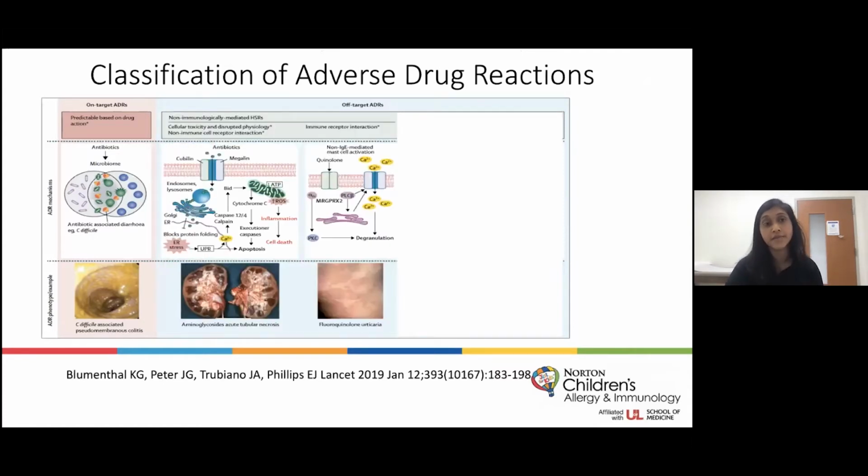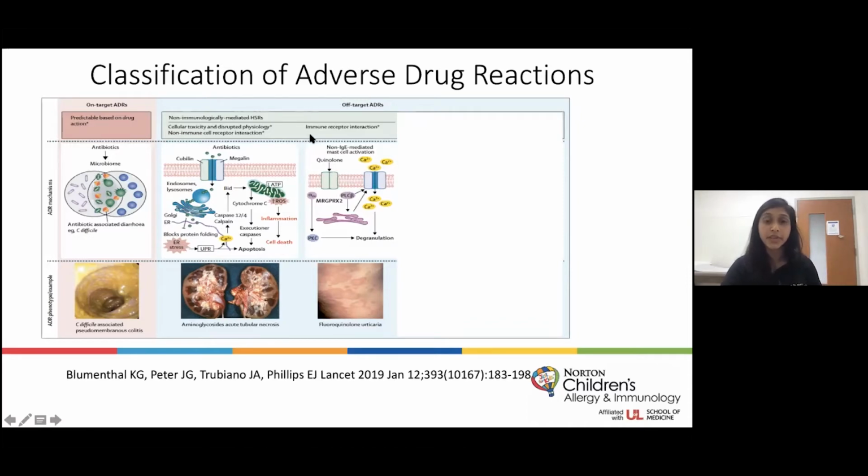So it's basically the augmentation of known pharmacological and therapeutic actions of the drug. And off-target adverse drug reactions are non-immunologically mediated and immunologically mediated. They're broadly defined. When there is an interaction of the drug with a non-immune cell receptor, classically aminoglycoside-induced ATN, causing apoptosis via the mitochondrial pathway of apoptosis, that's a classic example of non-receptor interaction.